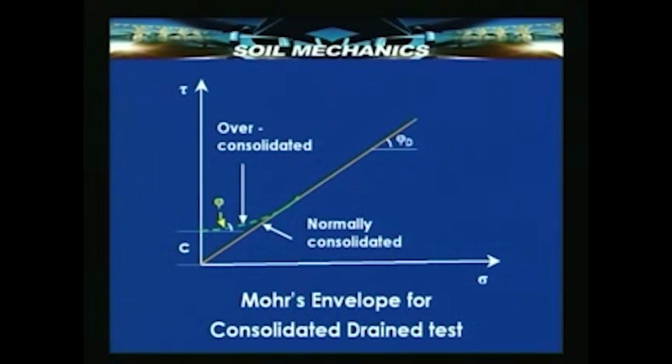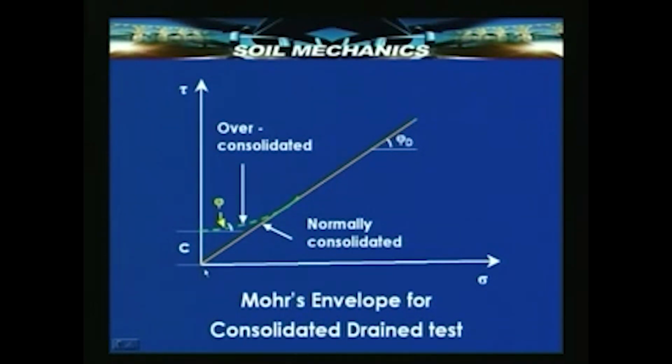The Mohr diagram for this looks somewhat like this. This is the typical Mohr envelope which you see here, being a drained test. For reasons which I explained last time, the envelope will pass through the origin if the soil is normally consolidated, because the very concept of normally consolidated soil implies that in its initial formation stage, when there is no pressure sigma, it will have no strength, it will be a slurry or a fluid and it will have no shear strength.